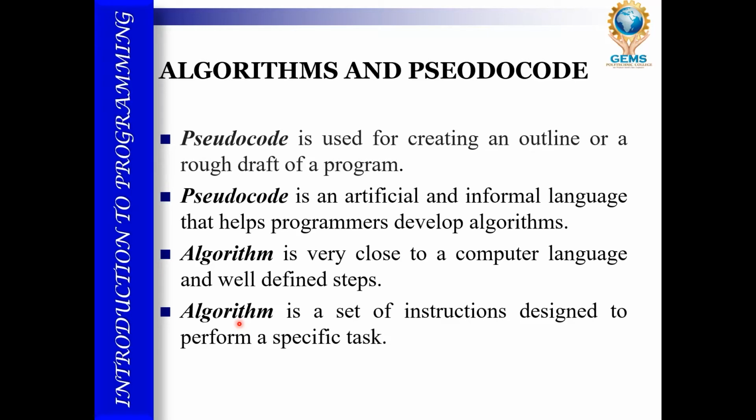A specific task means we have a problem like addition of any two numbers. This is our task. Then we are going to find the solution for this. By using the concept of pseudocode and algorithm, we try to draft it out and get the solution. So pseudocode helps to draft the outline of the program, and the algorithm helps to put that draft into a computer language. It is called well-defined steps.